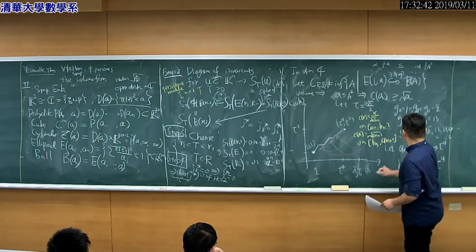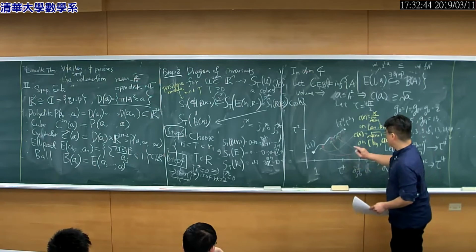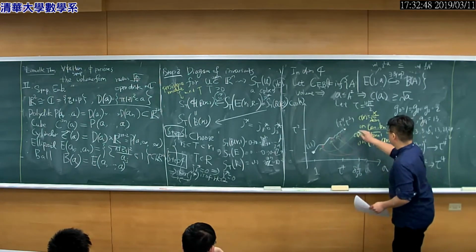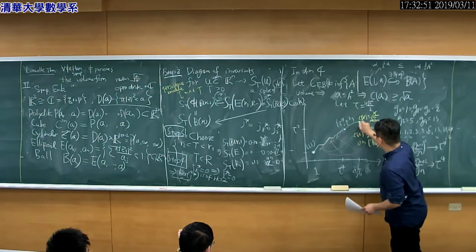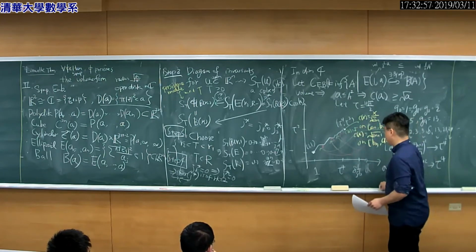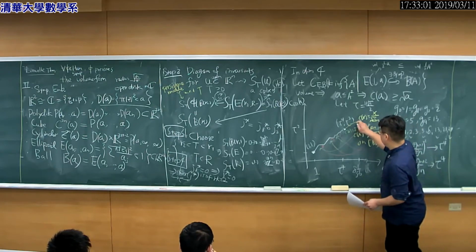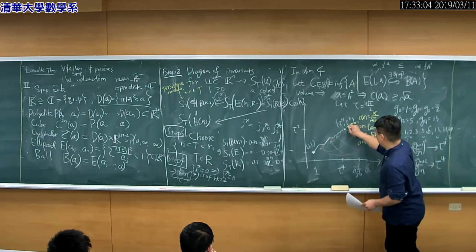And between these 2 points, it's almost this function, C of a equals the square root of a, almost, without a finite exception of intervals.